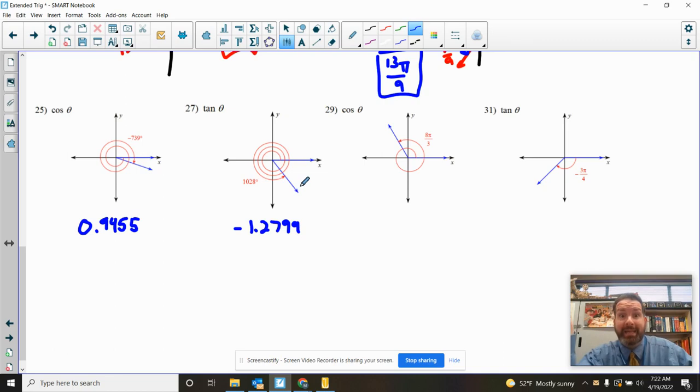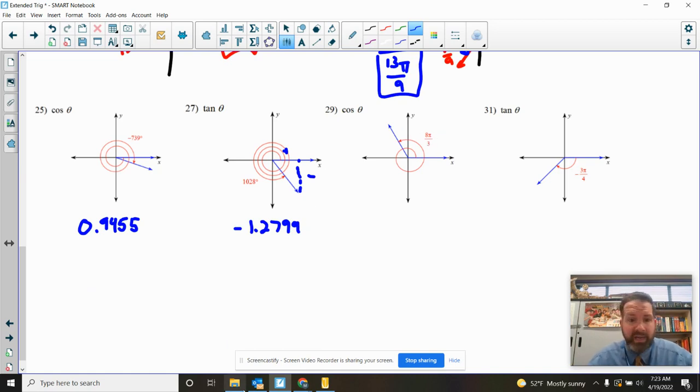Its values can go above 1 and below negative 1. And when you're keeping track of the positives and negatives, think about how tangent is figured. It's opposite over adjacent. And in this quadrant here, the opposite is a negative number. The adjacent is a positive number. So when you divide them, you should get something negative. So yeah, this perhaps seems reasonable. I'm going to trust my calculator.